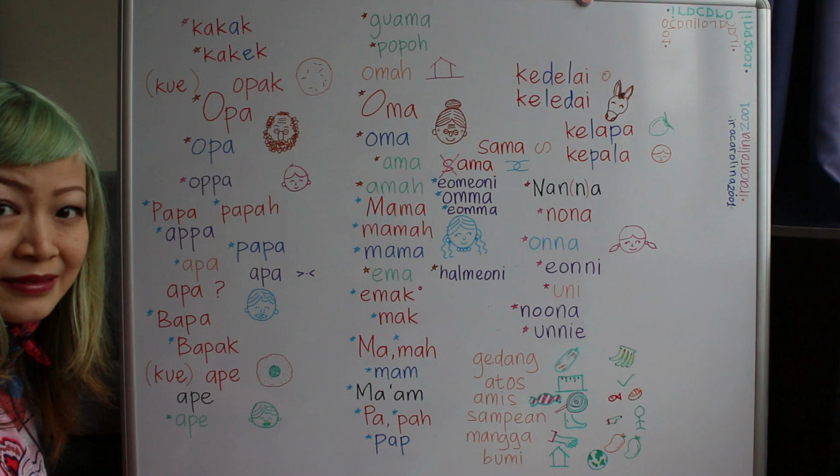The short version to call your mom in Indonesian language, sometimes from mama or mama, it becomes ma or ma when we call our mother. And in Dutch is mama, but the shorter version most of the time is mom.